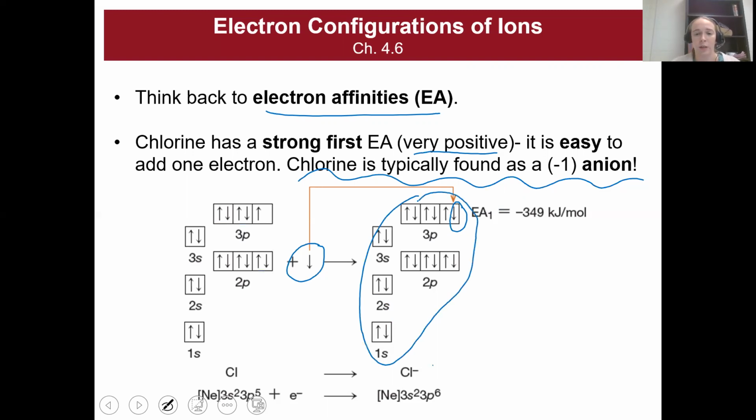So chlorine is isoelectronic with argon, as we saw in our first practice problem today, actually. That is why chlorine is likely to be found as a -1 anion, because it likes to have that noble gas configuration. So adding that electron is super easy. It's super favorable, actually, for chlorine to form that -1 anion.